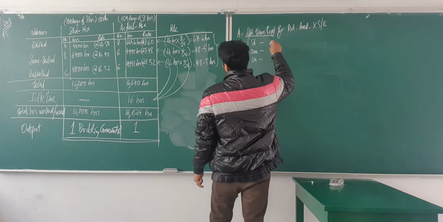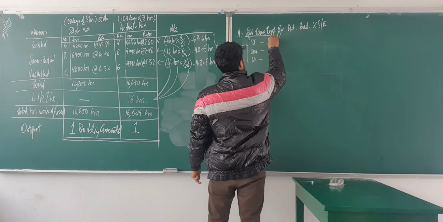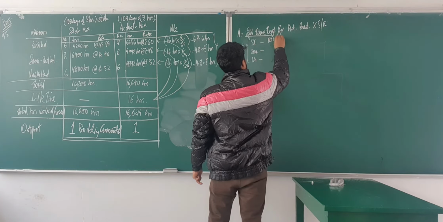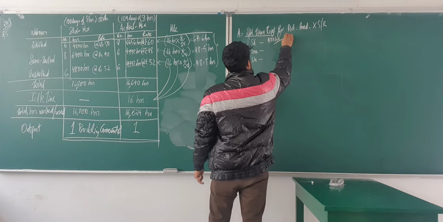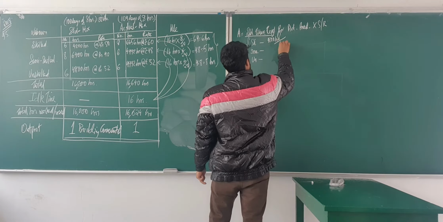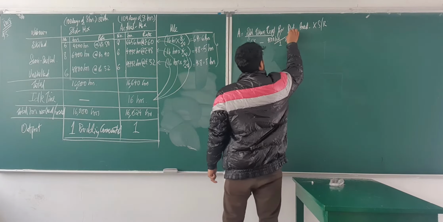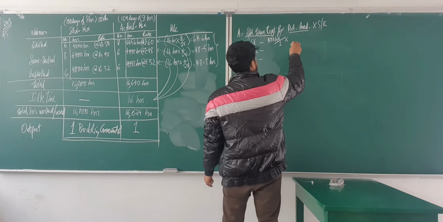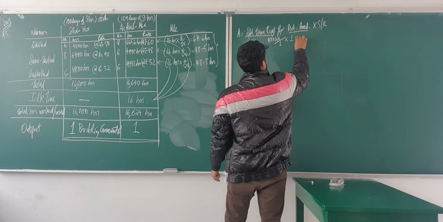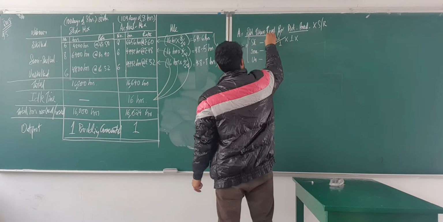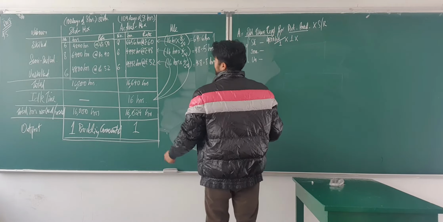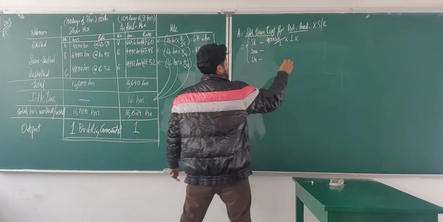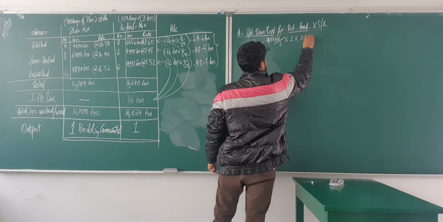So standard time required is 4,800 hours for the construction of one building into actual production. What actual production is also again one building into standard rate. So standard rate here we got rupees 50.